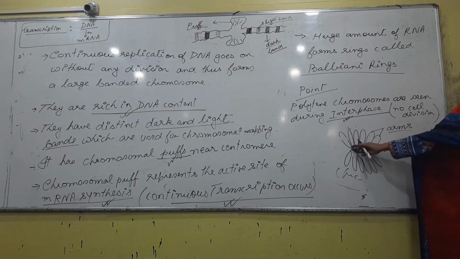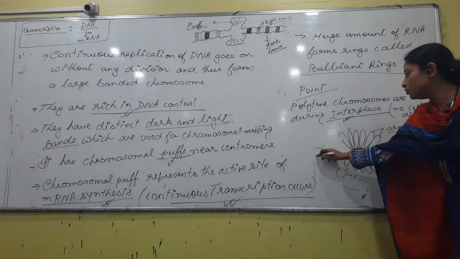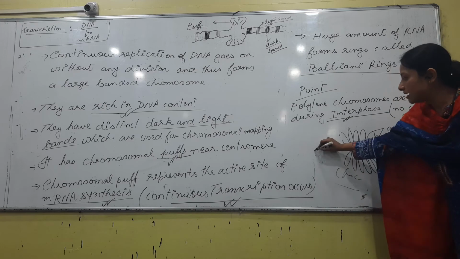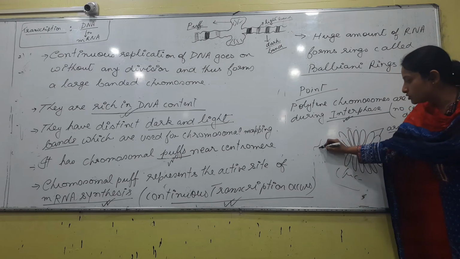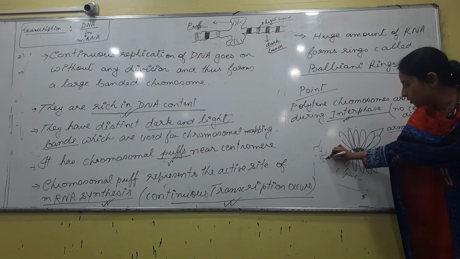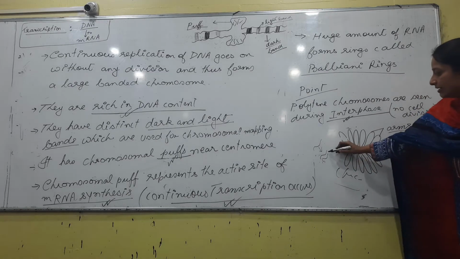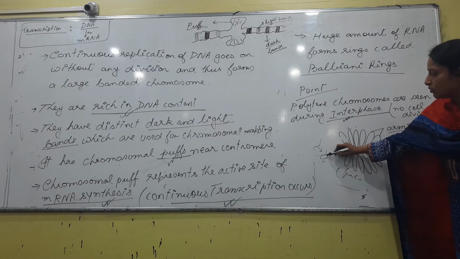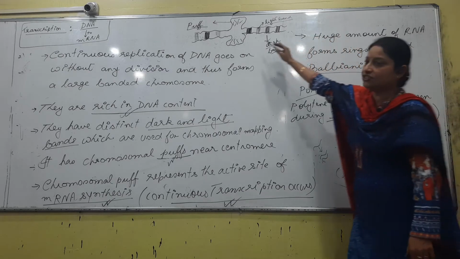Right? And first we were talking about one chromosome. When a chromosome replicates, what does it form? Two chromatids, right? The chromatids are not small, are they? They are a long structure, right?